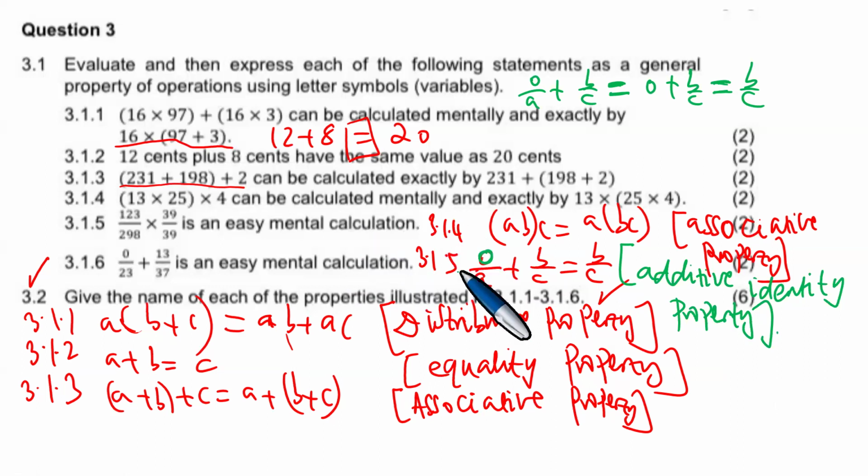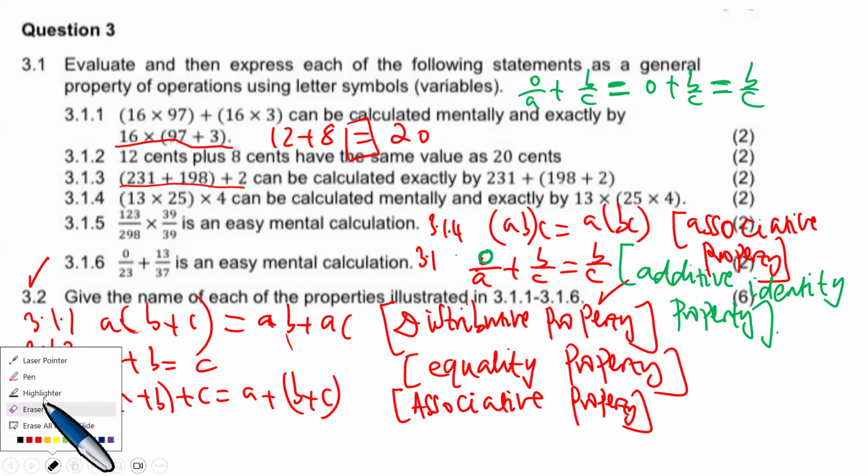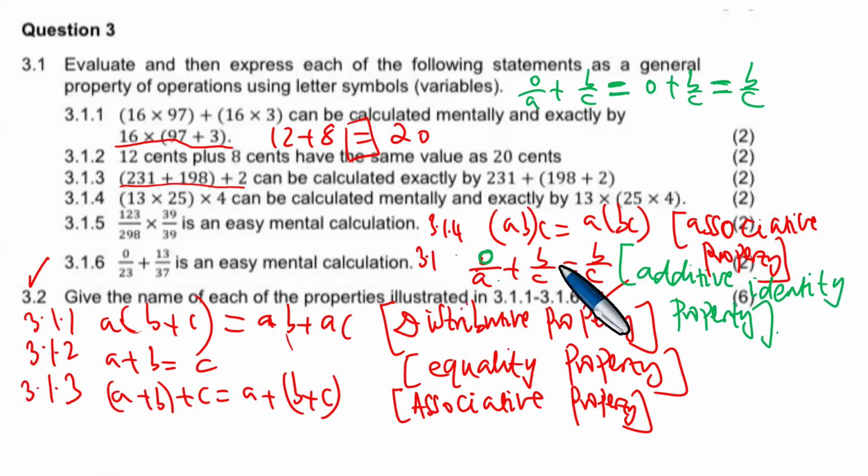I jumped 3.1.5, I think you skipped 3.1.5. Yes, we skipped it. So this one is 3.1.6. Let us take 3.1.5.